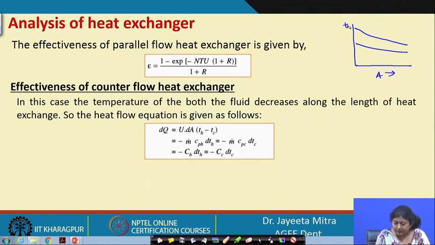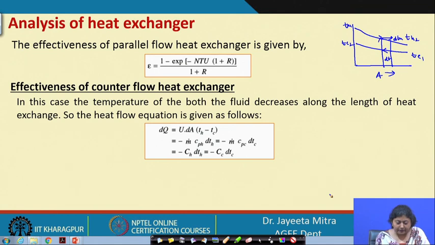So this is Th1, this is Th2 and this is Tc1, Tc2. So across the small area dA, if we look at the small area change, we are getting dTh, that is negative, and also if we move in this direction, the temperature profile of the cold fluid is also decreasing, right.